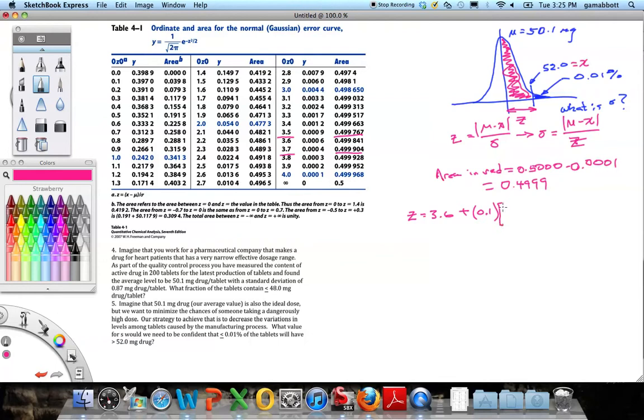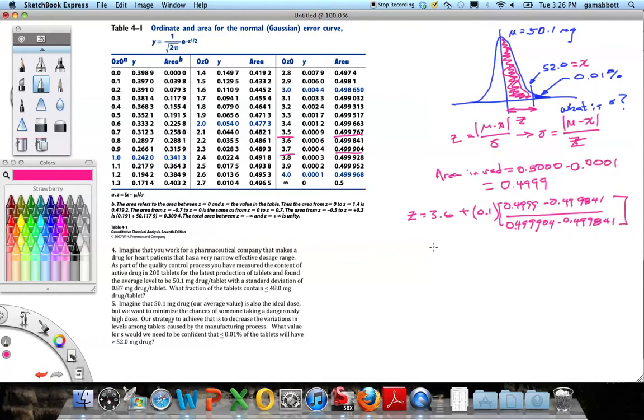That is the difference between the area that we are interested in, 0.4999, and the bottom value for the area interval, 0.499841, divided by the area interval that we have, 0.499904 minus the lower value, 0.499841.